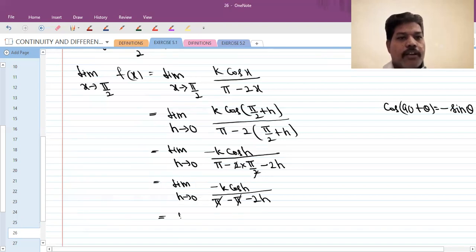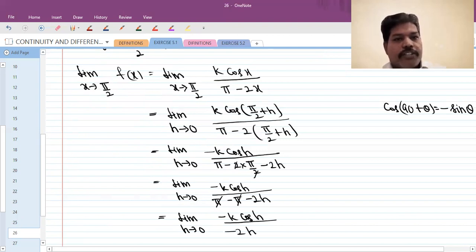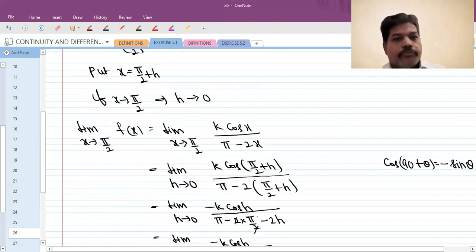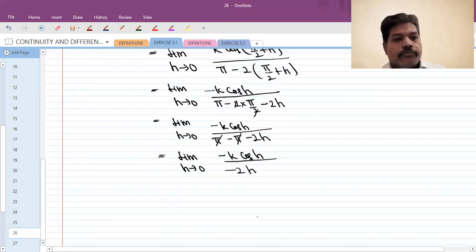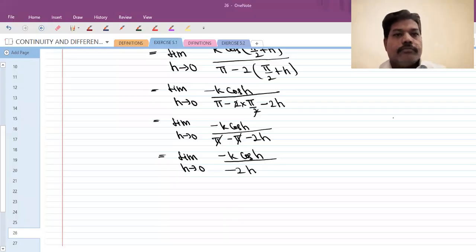It becomes the limit h tends to 0 of minus k into the numerator by minus 2h.